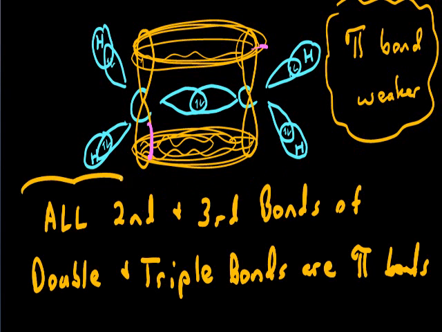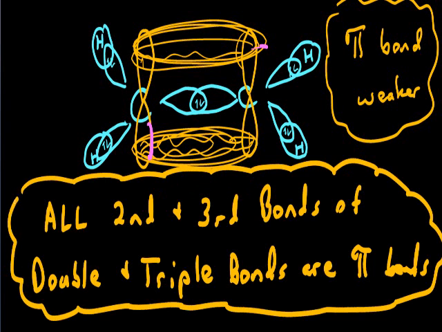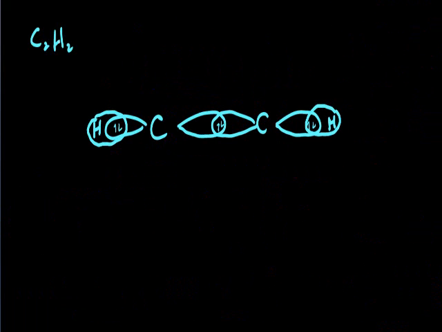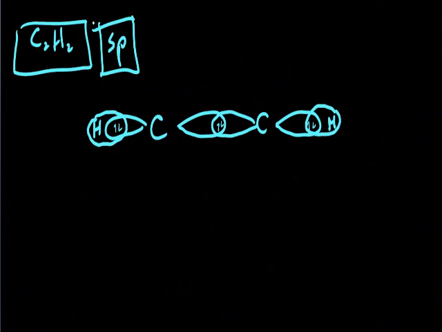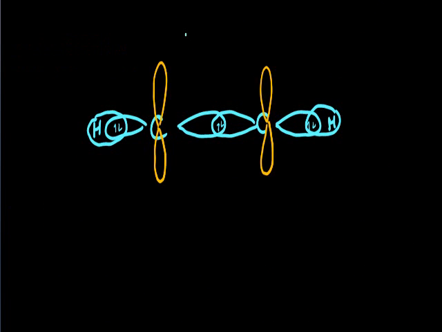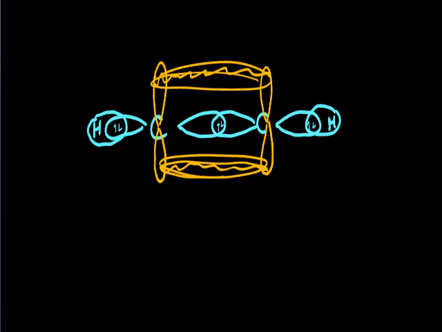In molecular structure, covalent bonds, all second and third bonds in double and triple bonds are what we identify as being pi bonds. Take a look at a molecule with a triple bond, ethyne, C2H2. C2H2 has sp hybridization, so in this, two of the p sublevel orbitals were not hybridized. One of the unhybridized p orbitals makes a pi bond in this area.